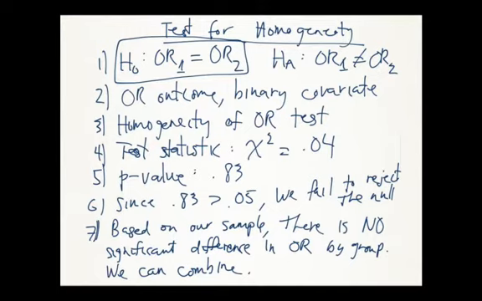So now that we've determined that, yes, in fact, we can combine the two different odds ratios for the two different age groups, now we have to think about how to combine these. Remember, we already have a combined estimate for the log odds.